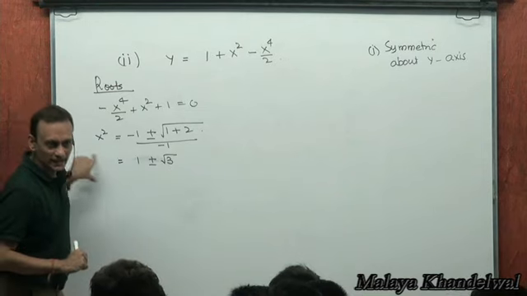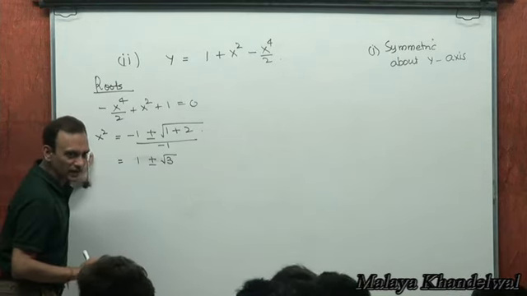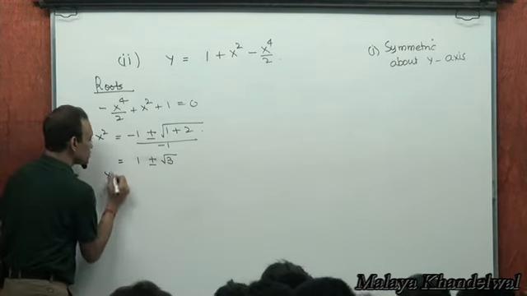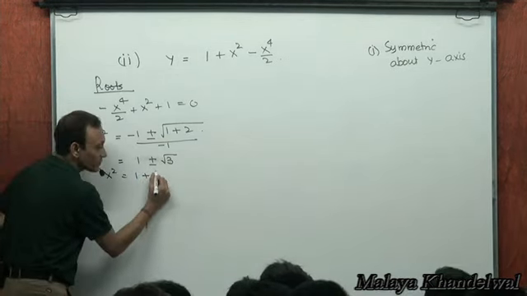It cannot be the square of x, as x is a real number. So the only possibility is x squared must be 1 plus root 3.